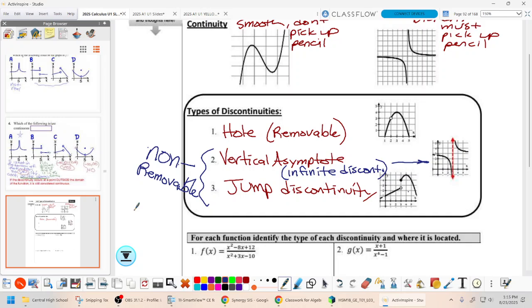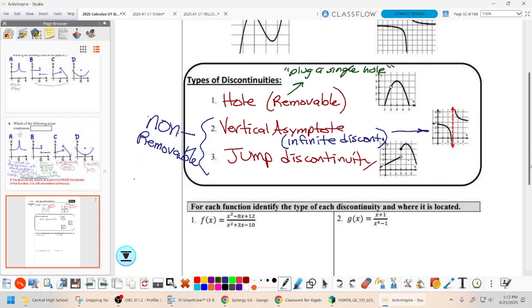So removable, maybe just to make sure this is gonna stick, plug a single hole. And we'll have a section where we learn how to remove a discontinuity. In other words, plug the hole. And so that's coming up, but we're not gonna do it today. Just know today that that's what a removable discontinuity is.